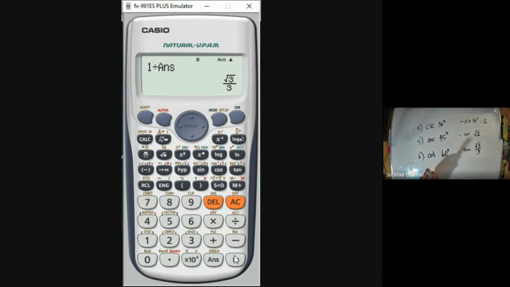Or pwede mo siyang i-type. Kunyari, nabura mo kanina yung tangent 60, square root of 3. Pwede mong gawin yan, 1 divided by square root of 3.